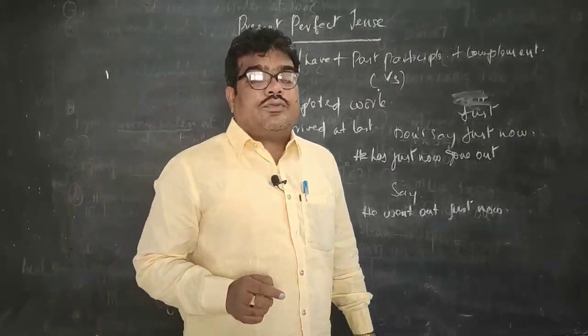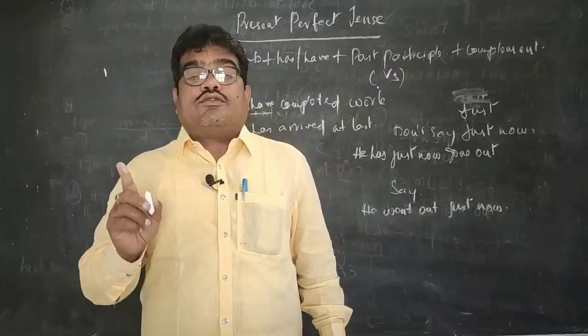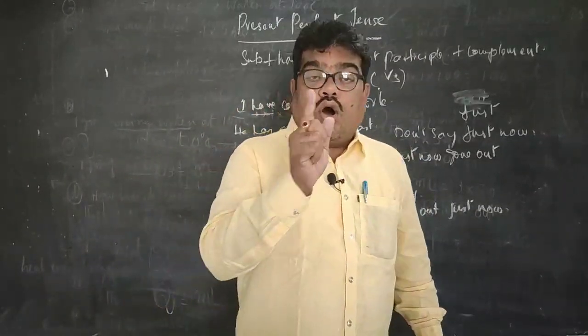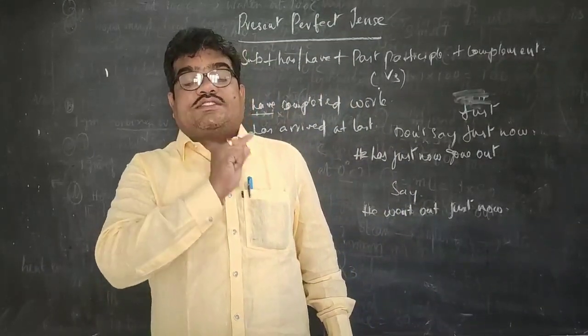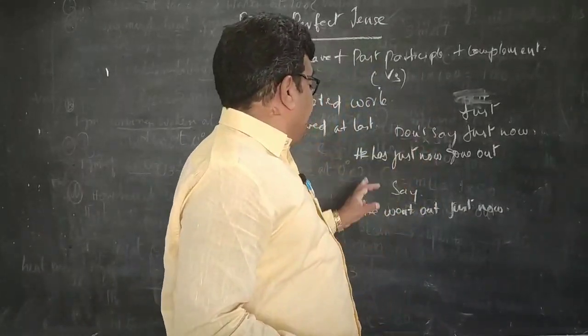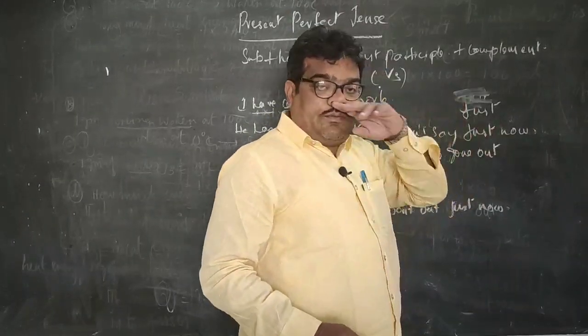I was telling you that when you have to use just and when you have to use just now, you must not use just now with present perfect tense. For example, don't say, he has just now gone out.